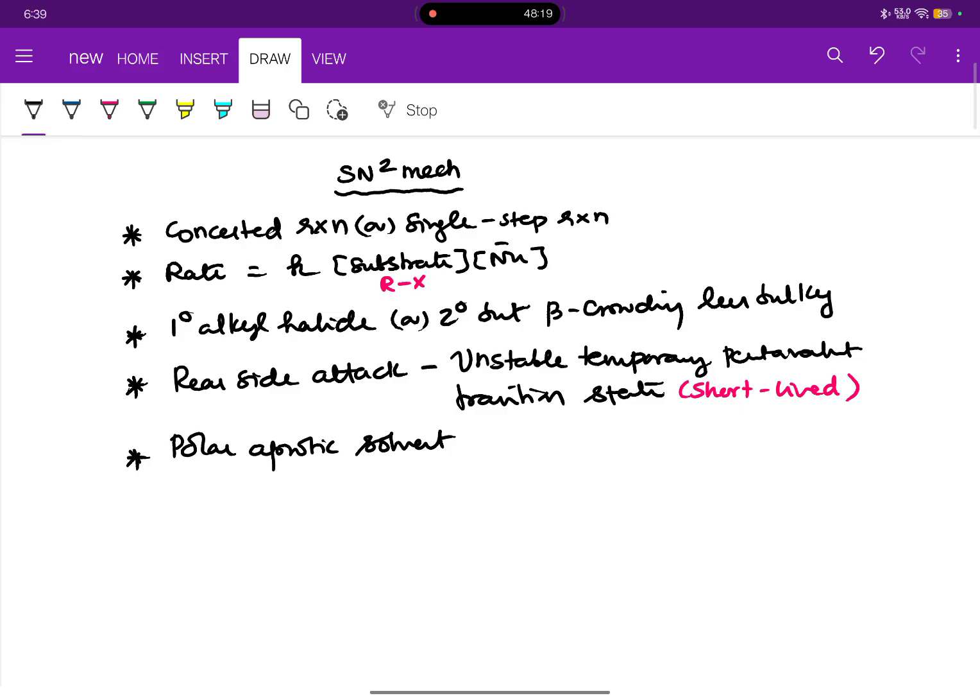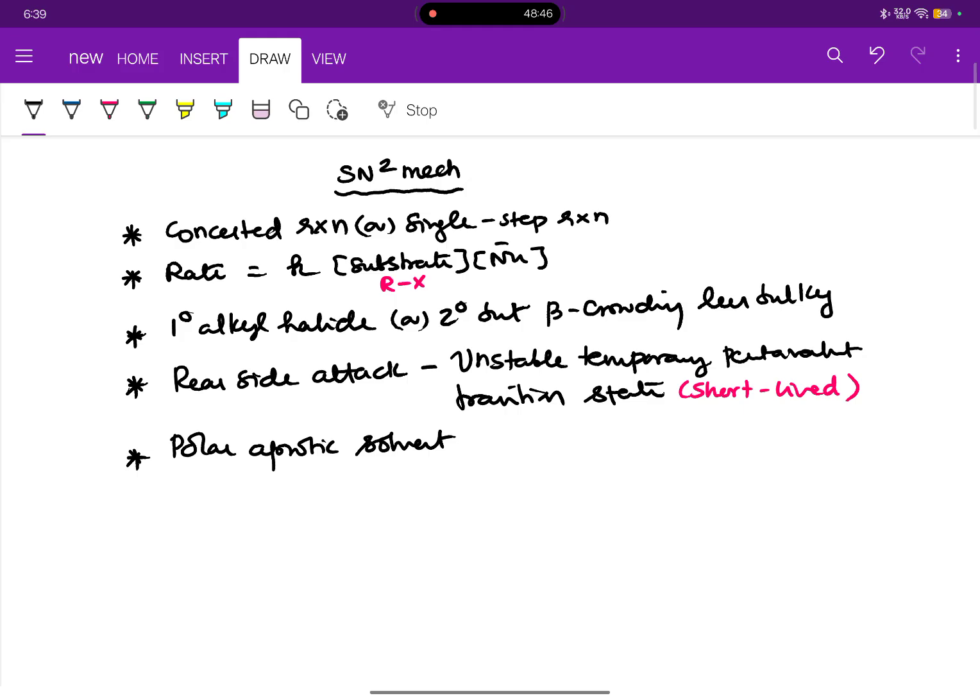Why polar aprotic? It should not give too much of proton. At the same time it should be polar, because we all know that haloalkanes are polar in nature. Without polarity, if you add something else like benzene or toluene, it will not dissolve, because the haloalkane already has a polarity. So polarity should be there, but it should not be too polar.